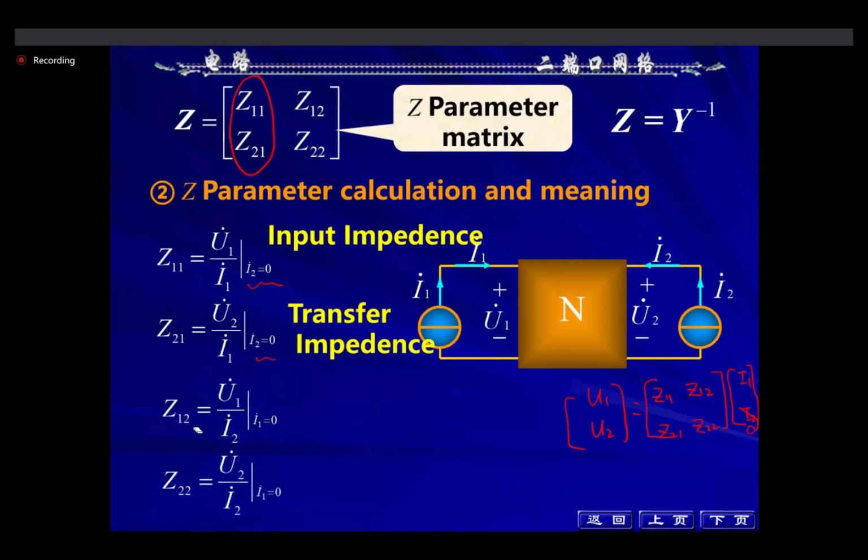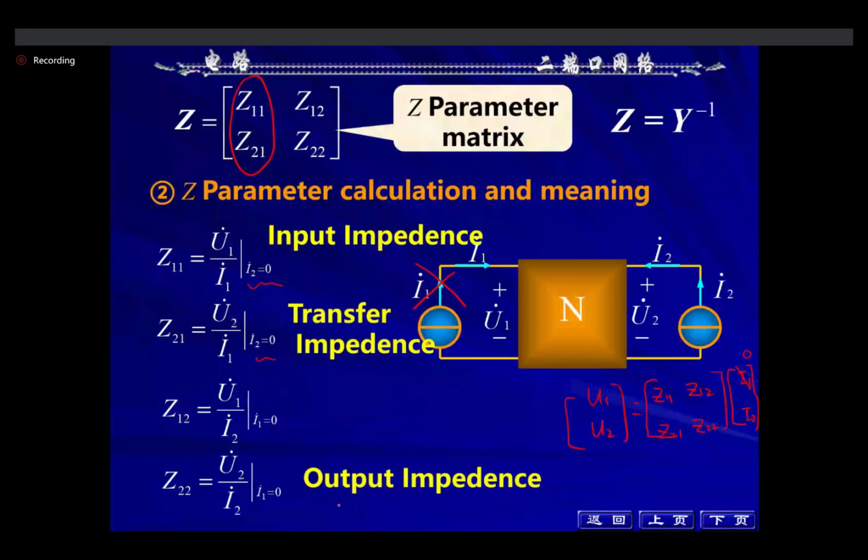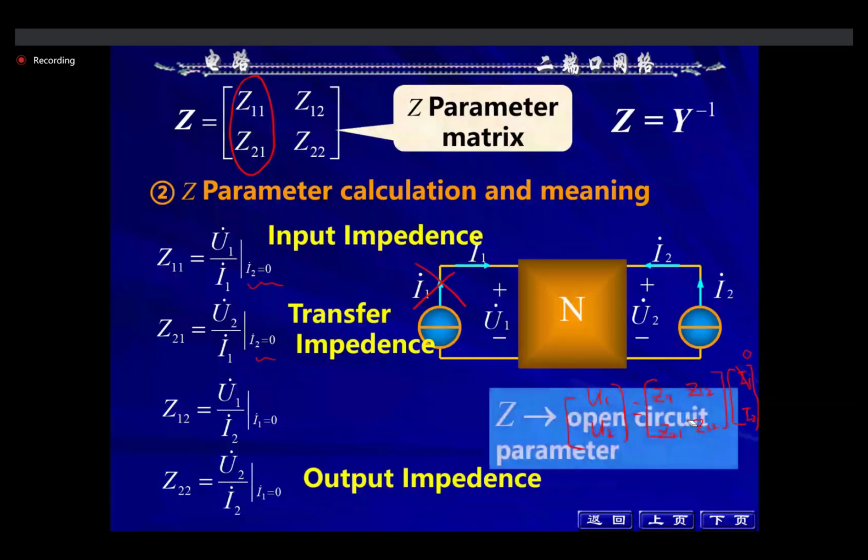And then calculate Z12, Z22: assume the left side is open. I1 is 0. So U1 is Z12 I2. U2 is Z22 I2. This is the output impedance, and this is also a transfer impedance. So we call the Z parameter the open circuit parameter.